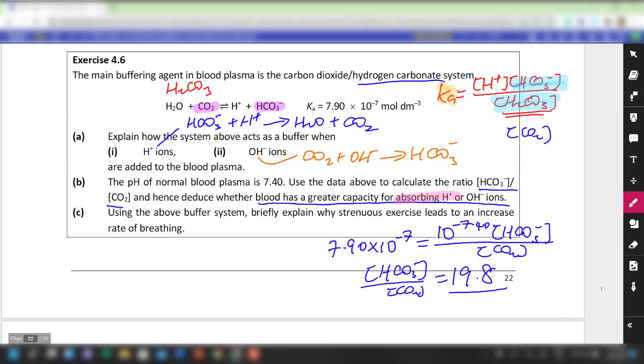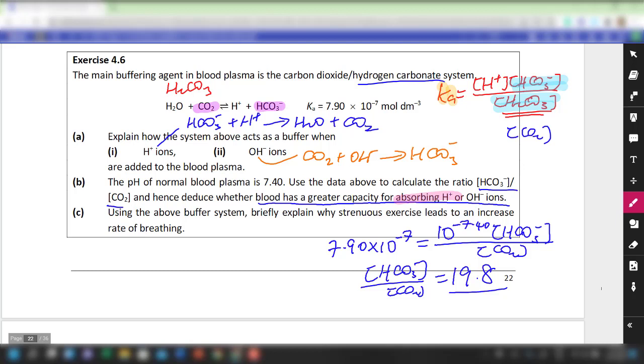Then for part C, using the above buffer system, explain briefly why strenuous exercise leads to an increase in rate of breathing. When you're performing strenuous exercise, our body actually produces lactic acid.